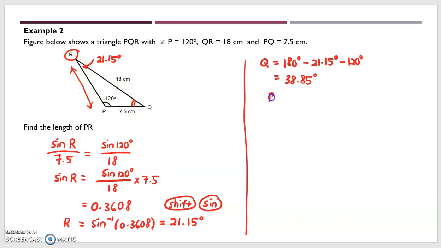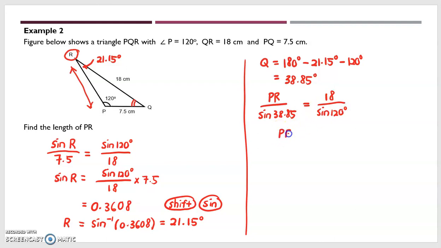Finally, PR over sine 38.85 will be equal to 18 over sine 120.